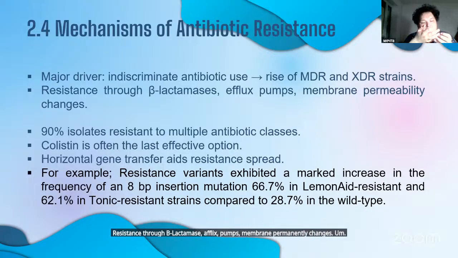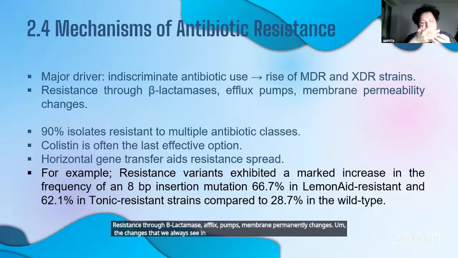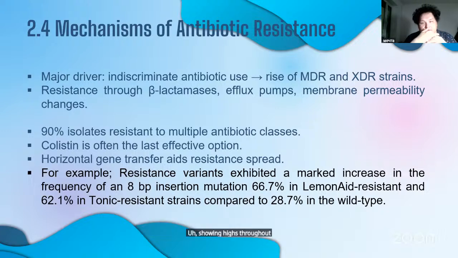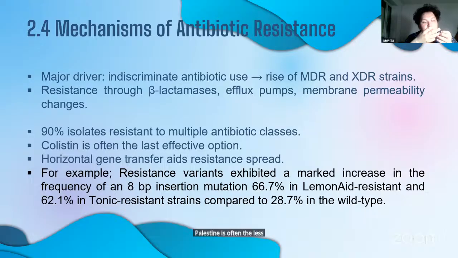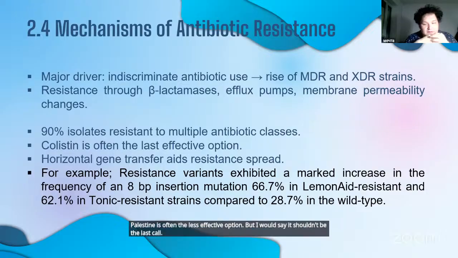The changes that we always see in strains that develop drug resistance show high throughput, not only in these efflux pumps, but you can also see the entire metabolism get acquired. About 90% of isolates are resistant to multiple antibiotic classes. Colistin is often the last effective option, but I would say it shouldn't be the last call, because colistin resistance can develop very fast.